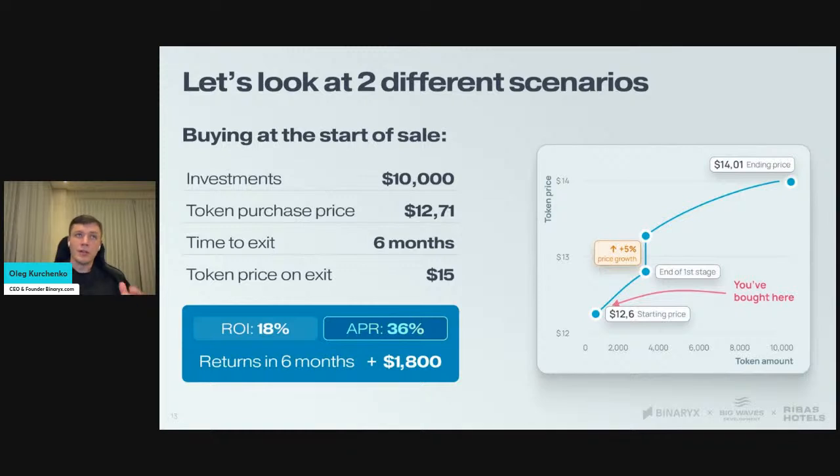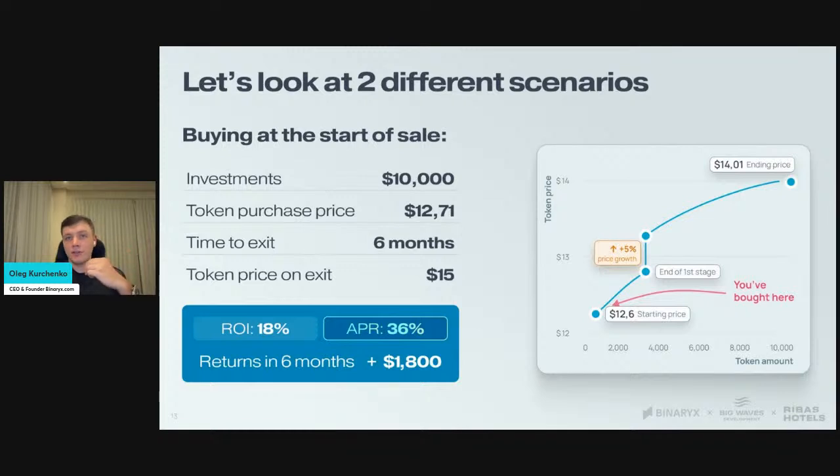So for example, you would like to invest $10,000 in that property. You start investing in the beginning, not the first one, but with a token price of $12.71. The time to exit you have right now is 6 months, and the expectation is that the property will be sold with a token price of $15.